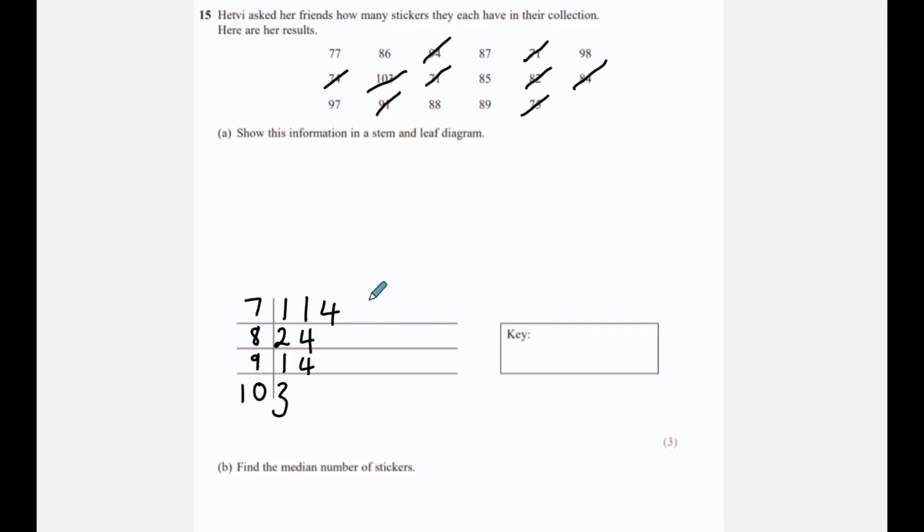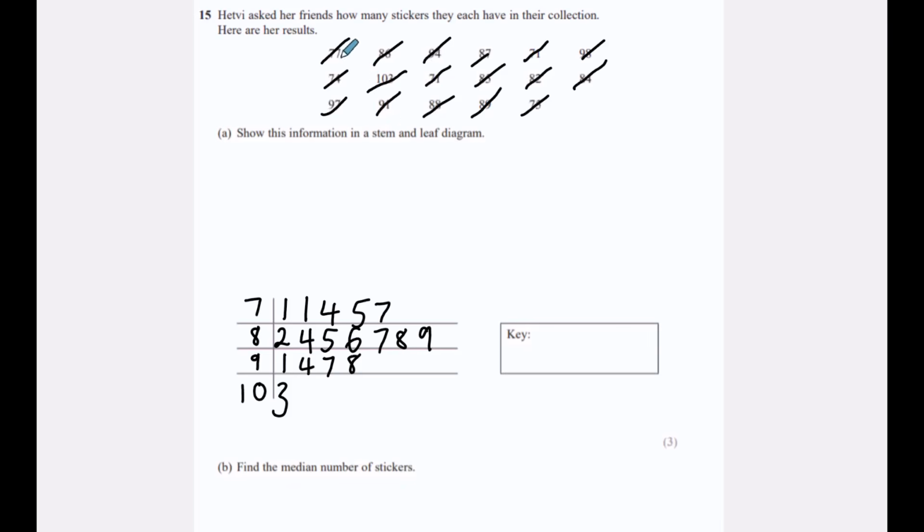Fives, 75, 85. Sixes, 86. Sevens, 87, and 77, and 97. We've got 88 and 98. And we've got 89.